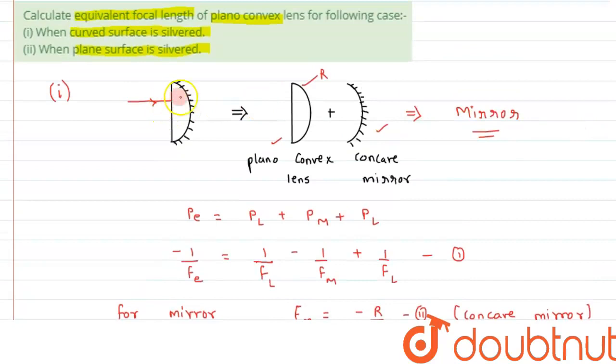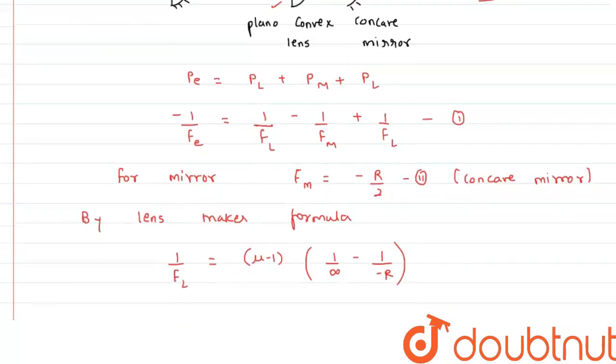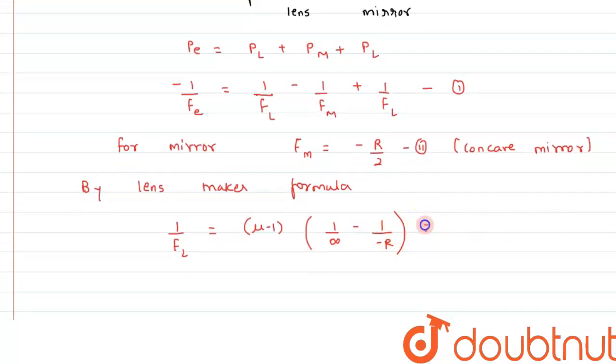After getting refracted from here, it will be incident on the curved surface of the lens. The curved surface radius we have supposed to be r, and it is measured in the leftward direction, which is opposite to the incident light, so it has to be taken as negative, following the convention. So it comes out to be mu minus 1 by r. Therefore the value of fl comes out to be r by mu minus 1.